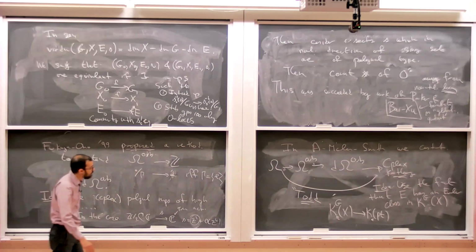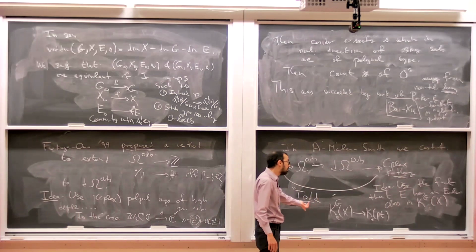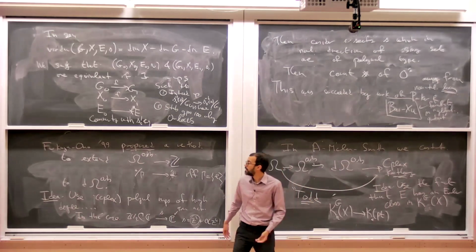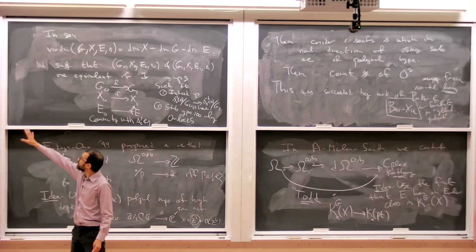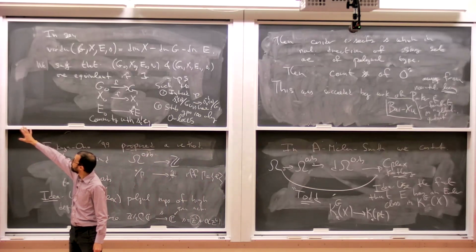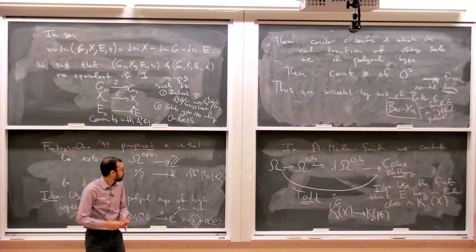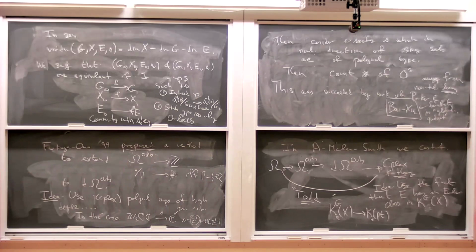Now, this is the only method that I really know for showing that, at least in some examples, this kind of point... Oh, sorry, let me just say what I want to say on the board.